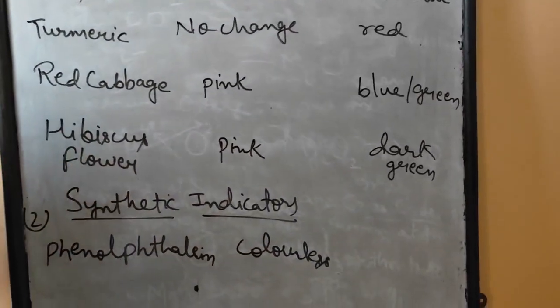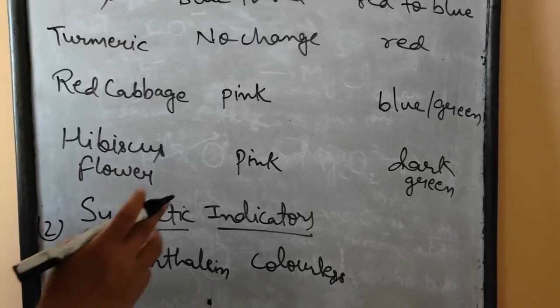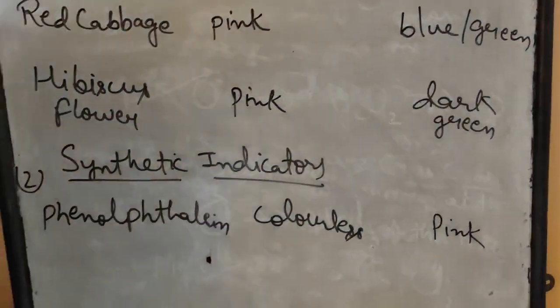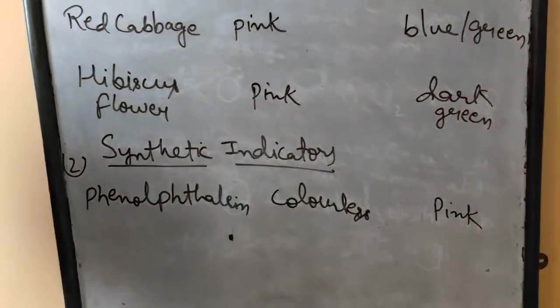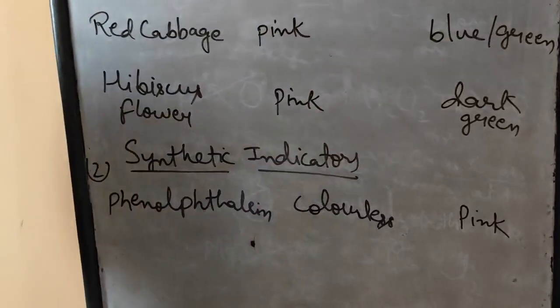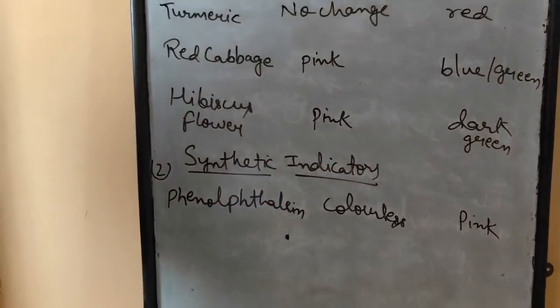There is no change in acids. But when we add this phenolphthalein in bases, we have a pink color solution. So what color change do we observe? It remains colorless in acids and it changes to pink in bases.